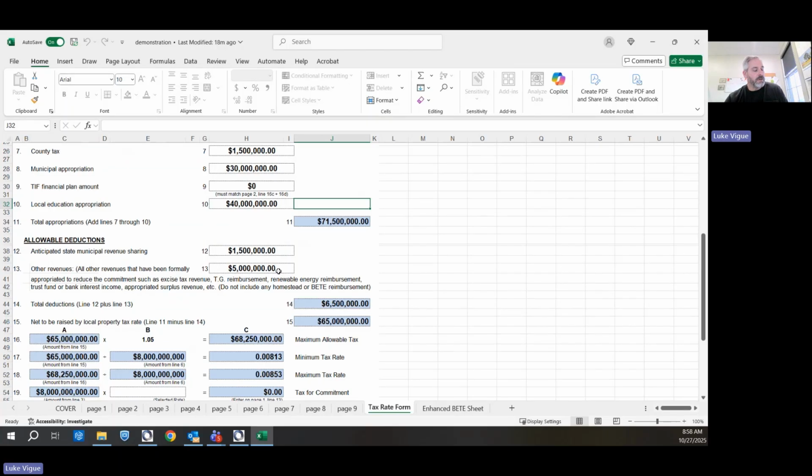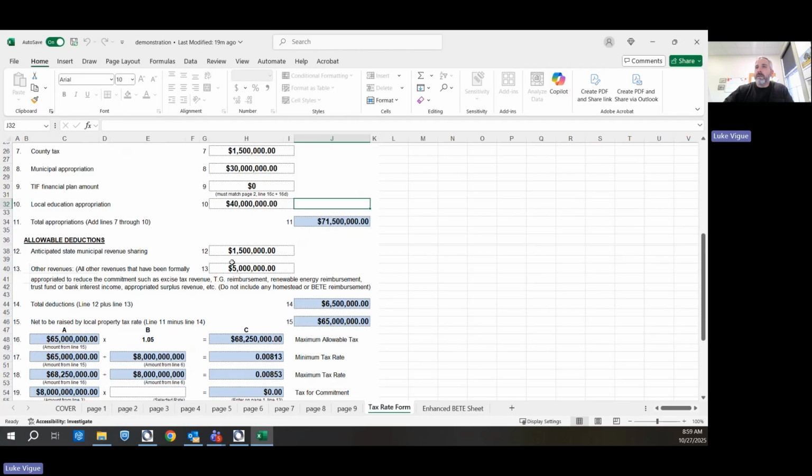This past year, it was number 22, where the Board of Select persons asked to move 550,000 from the general fund to help pay down the tax rate. So all of that revenue goes in here. So we end up with, for this example, 6.5 million of other revenue sources other than property tax.